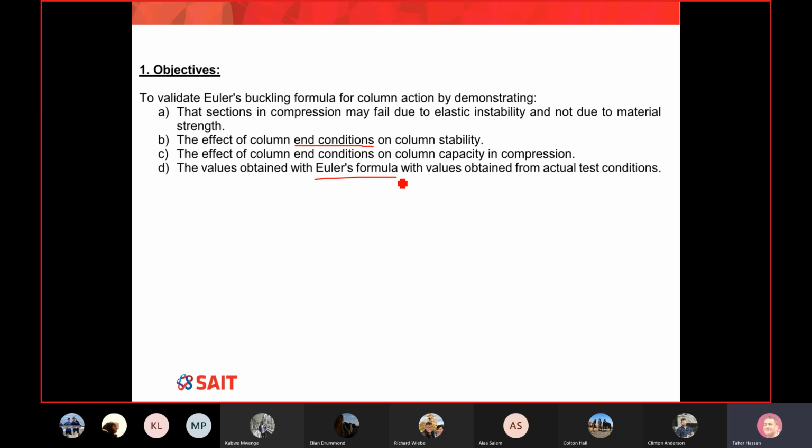Euler is telling us, you know what, this column will fail at this load. And in the lab, we can apply the load and we can see which load exactly will cause buckling for one specific column. And then we make a comparison.